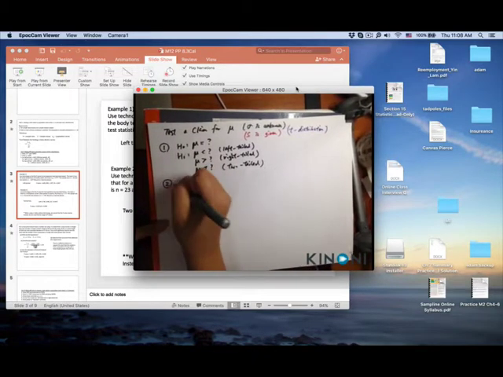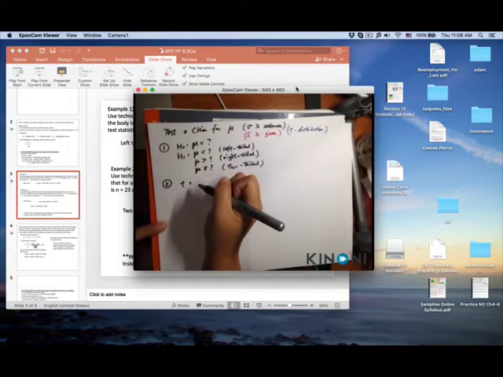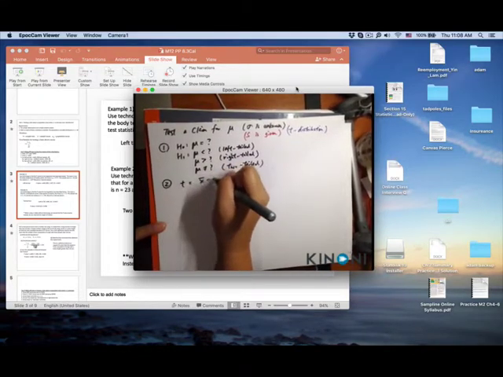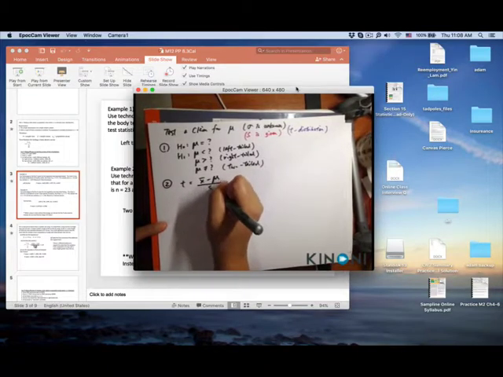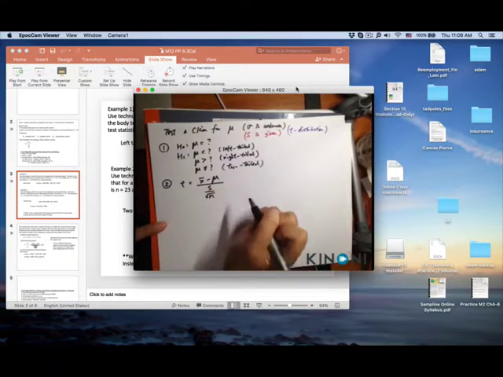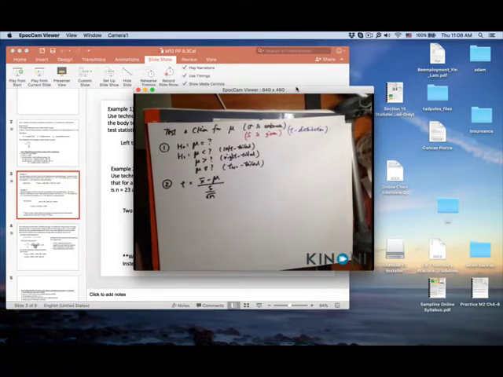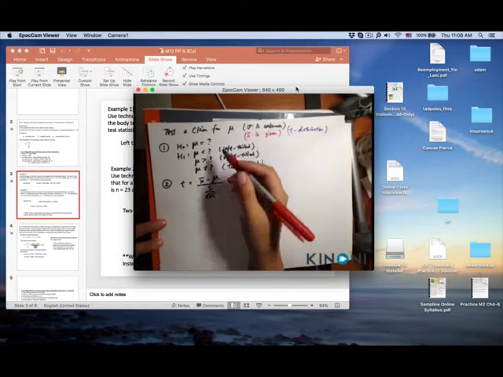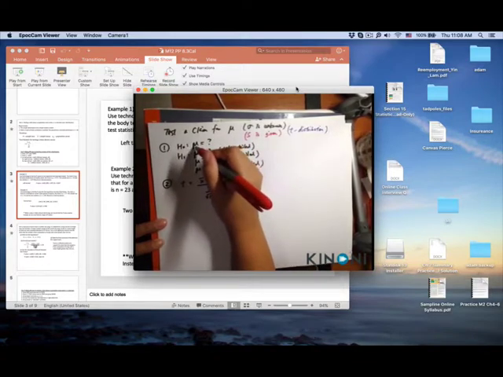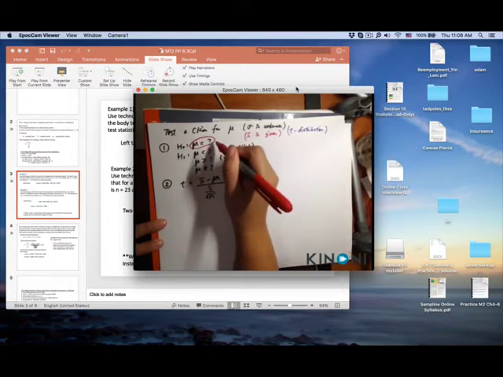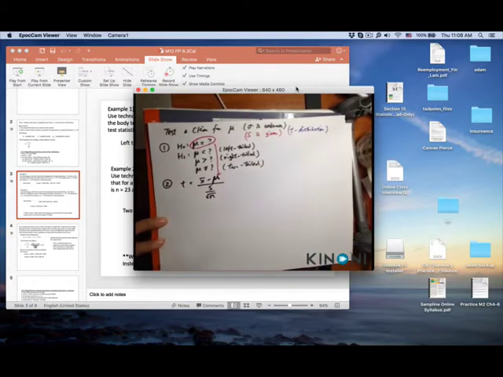Okay, step 2. Find the test statistic. You have this formula here: sample mean minus population mean, over the sample standard deviation over the square root of the sample size. I want to remind you, this population mean is exactly the same as this one. Whatever number you have, plug it in here.